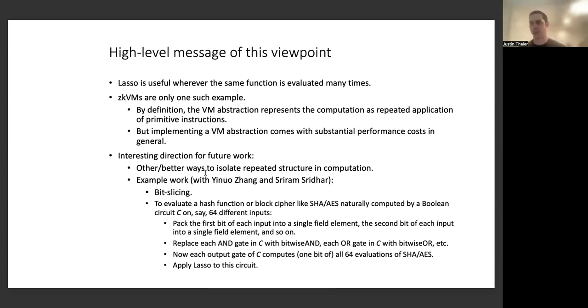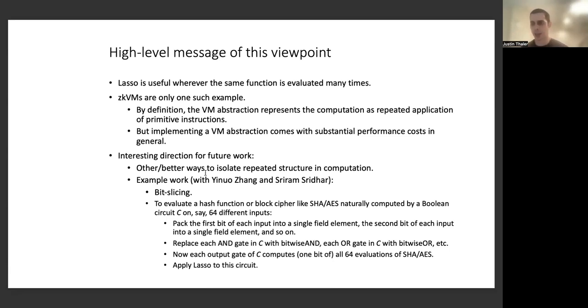You would take the first bit of each of those inputs, say there's 64 of them, and pack them into one field element. The second bit of each of those 64 inputs, pack it into another field element. And then you take the Boolean circuit for one copy of F and replace each 2-bit AND with an AND on two 64-bit inputs.